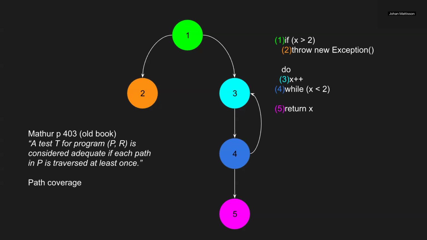In this case, if we have an x that is larger than 2, we throw an exception. If we put in 1, then it becomes 2, so the condition should be false, and we should return 2. If we put in 0, for example, we get 1 and still go through the loop.